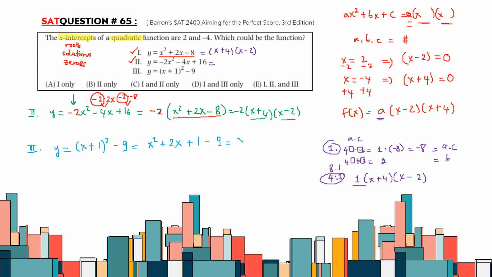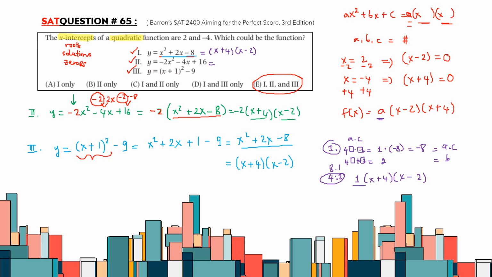Simplified, that is x squared plus 2x minus 8, which is exactly number 1. So we have x plus 4 times x minus 2. So number 3 works, and 1, 2, and 3 all work.